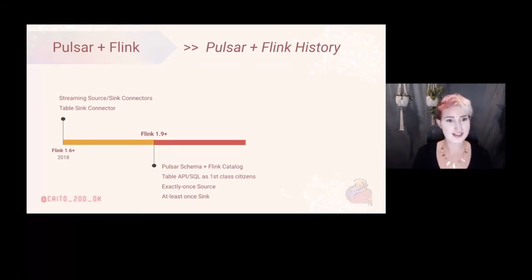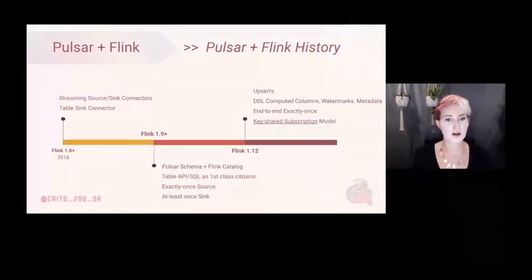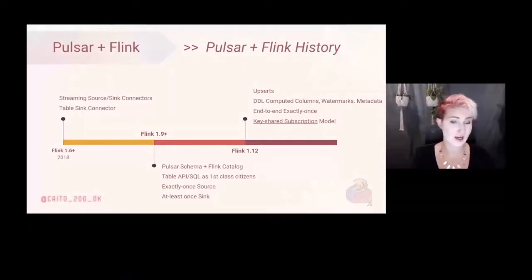The first thing was to bring schemas into the picture and to make the Table API and SQL truly first-class citizens. This allowed you to pretty easily run Flink SQL queries on top of Pulsar with very minimal configuration. And then more recently, the Pulsar community worked on advanced features, like enabling end-to-end exactly-once guarantees and support for others, for instance interpreting change logs.